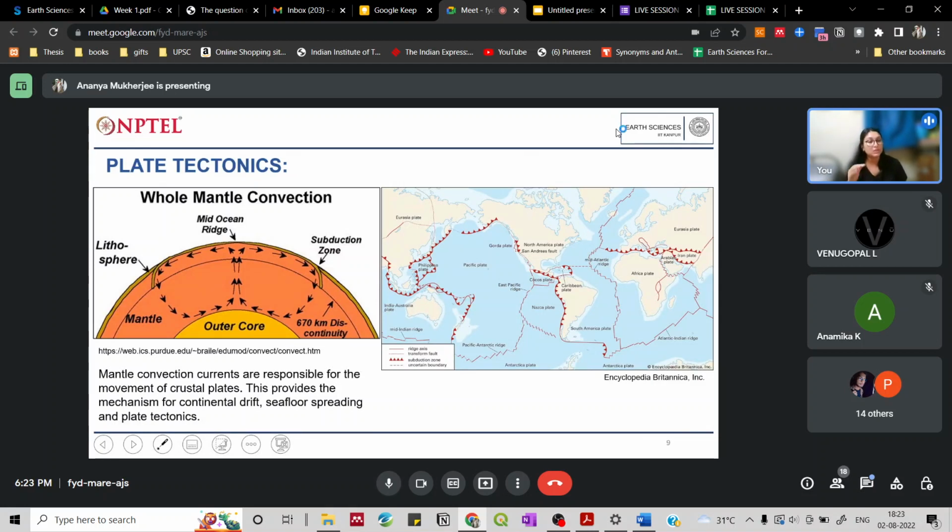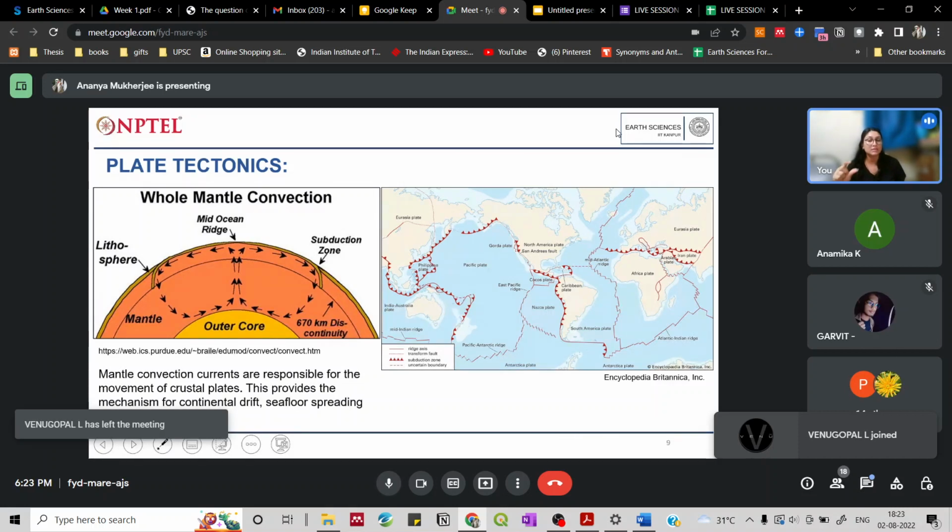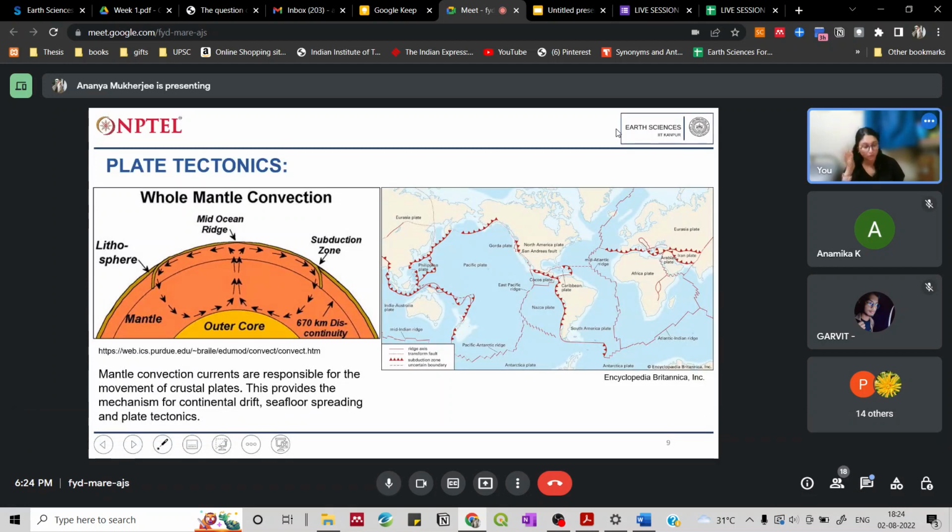Continental drift theory was based on different assumptions and also observations. A few of the observations were the similar shape of the coastlines and also the fossils, that is, records of past life. These are the evidences on which the continental drift theory is based.